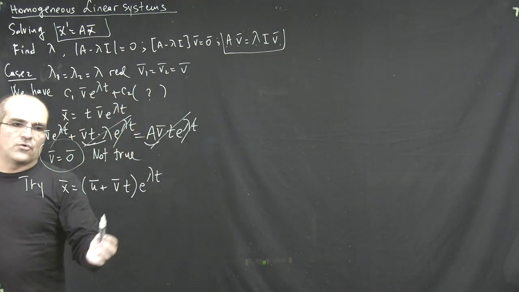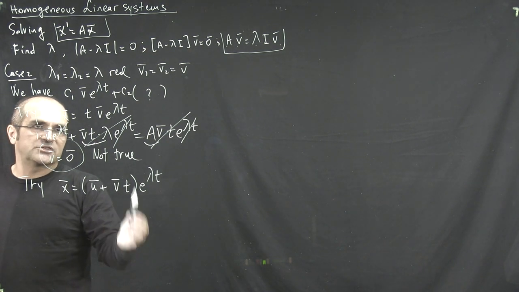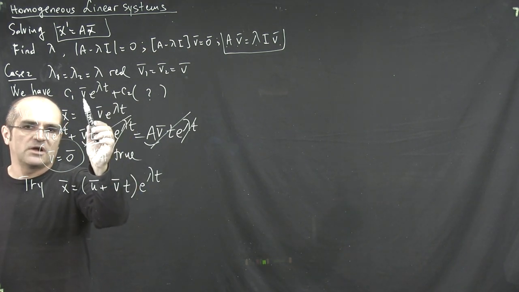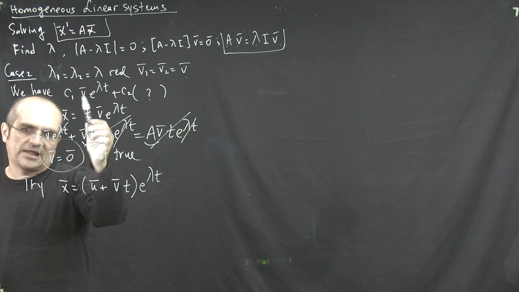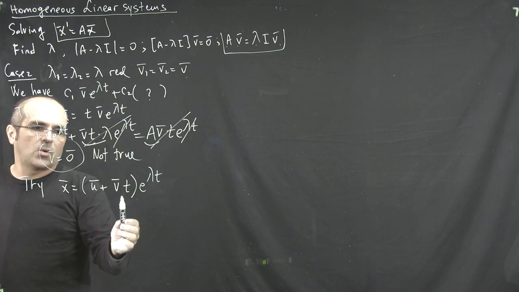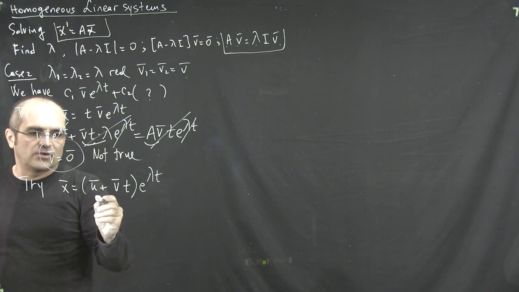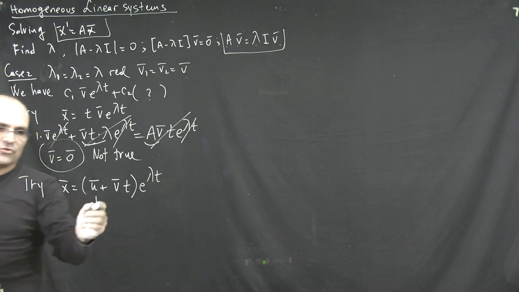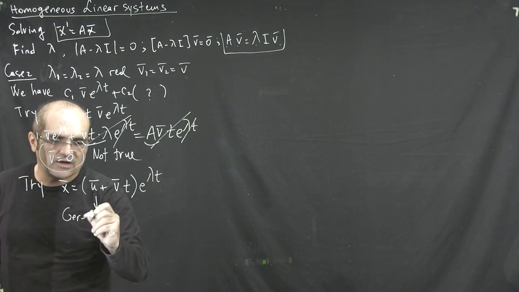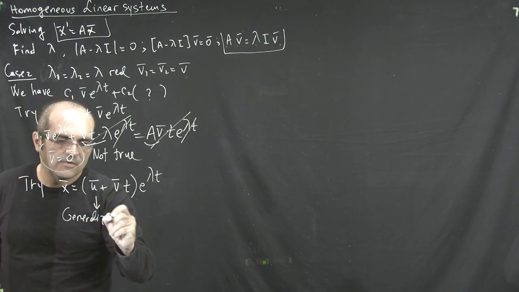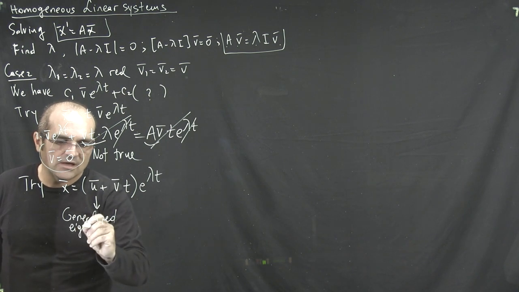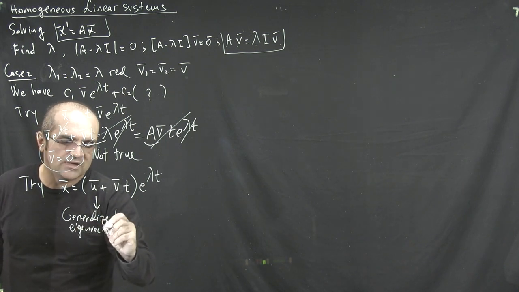So you're looking for a variation of parameters in which the coefficient of e to the lambda t is no longer just a constant vector like the eigenvector, but what we're going to call a generalized eigenvector. In fact, this extra vector u is the so-called generalized eigenvector. And I'll show you immediately how that comes to be computed.